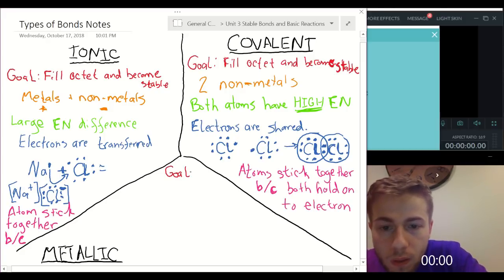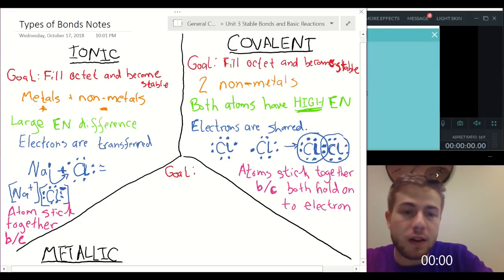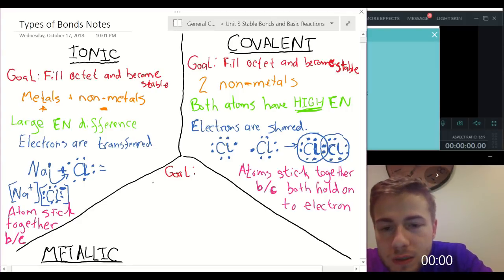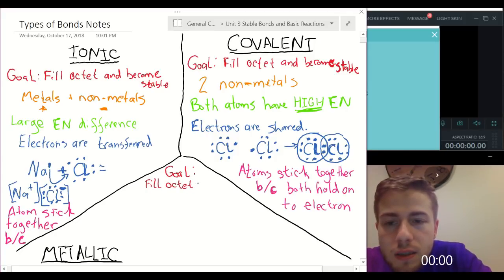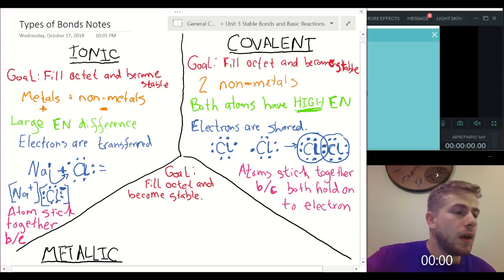The goal, when there's a metallic bond involved, is to fill octets and become stable. Awesome.